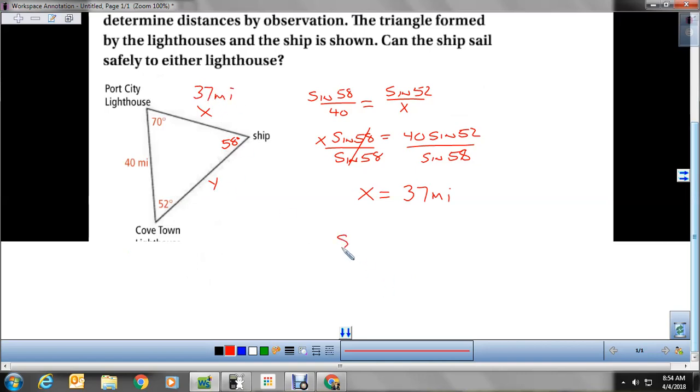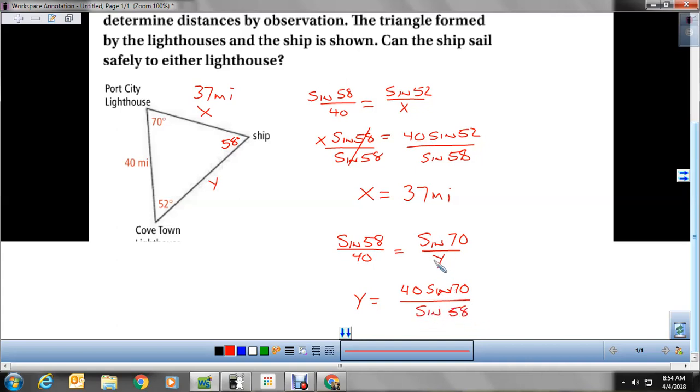We could do the same thing for this. It's going to be the same first ratio, sine of 58 over 40, equal to the sine now of 70 over the side across, which is y. So after we cross multiply, you're going to end up with y is equal to 40 times the sine of 70 divided by the sine of 58.